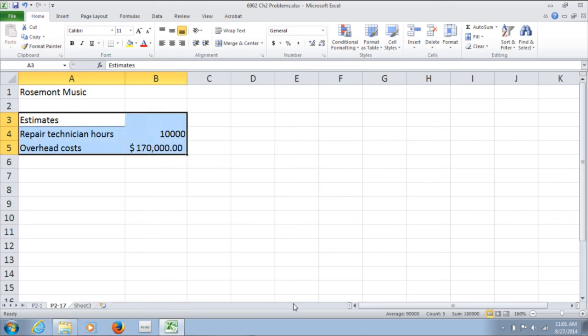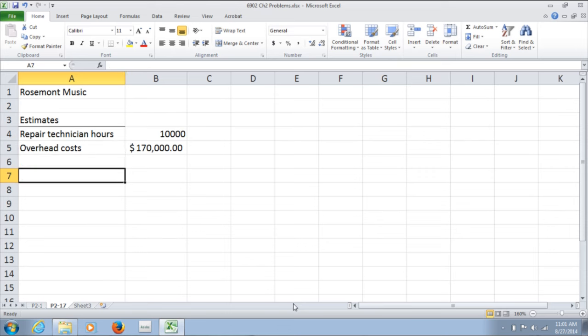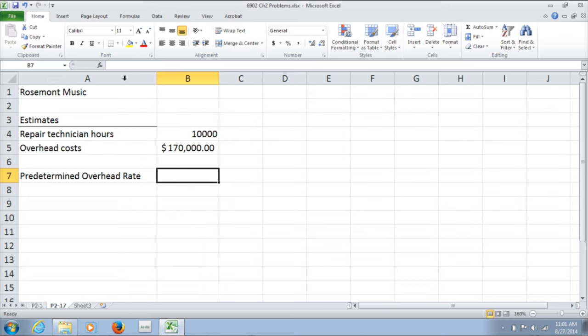A3 through B5. So similarly to what we've done before, we would come up with our predetermined overhead rate to apply overhead into units of work in process or projects.